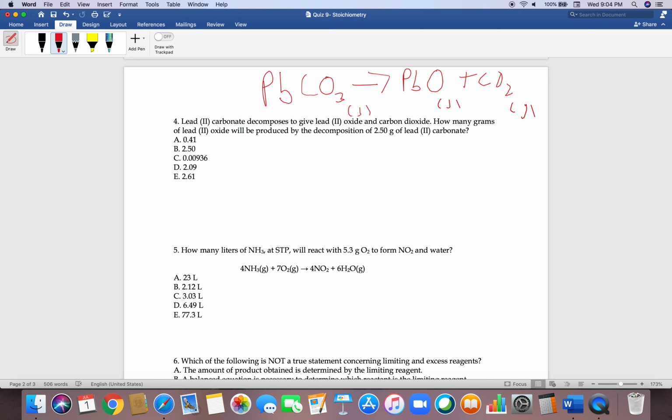So we want to know how many grams of lead(II) oxide will be produced by the decomposition of 2.5 grams of lead(II) carbonate. So if I have 2.5 grams of PbCO3, I know that 1 mole of PbCO3 weighs 267.2 grams.